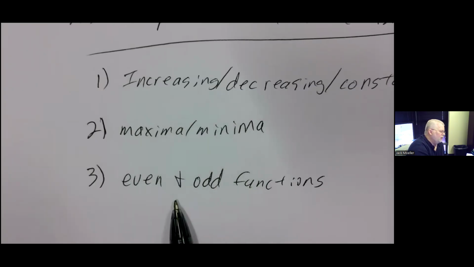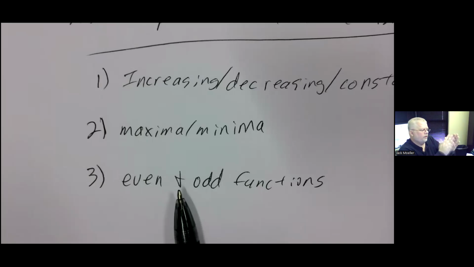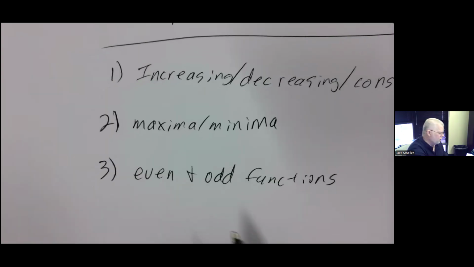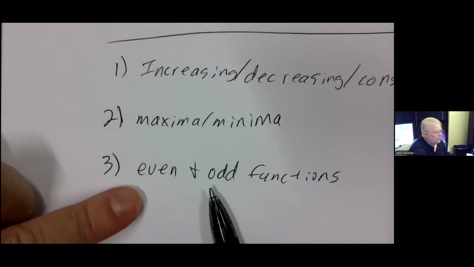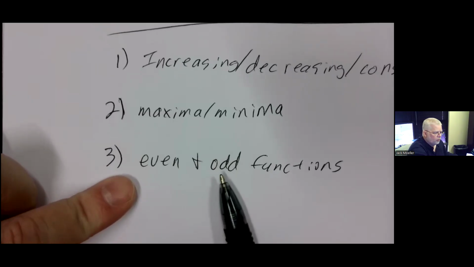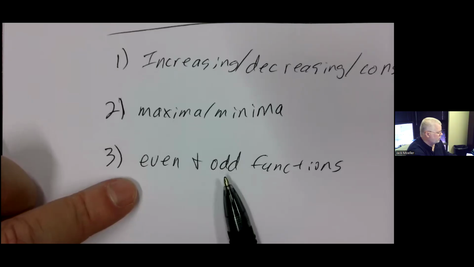Even and odd really comes down to symmetry of graphs. When I talk about symmetry, if you hold something up to a mirror and it mirrors itself, that's symmetry. For us, the rest of the semester, we're not going to need to deal with that. We will mention it every once in a random while, but this is definitely more of a pre-calculus topic.